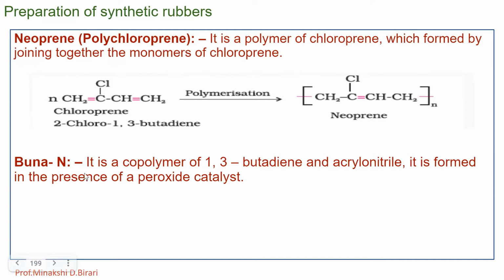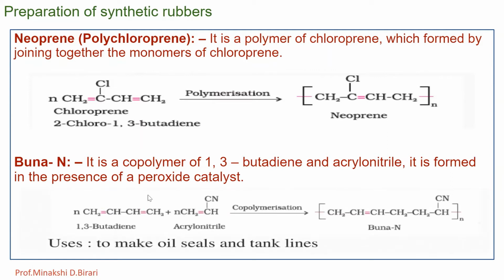Then Buna N is a copolymer of 1,3-butadiene and acrylonitrile. It is formed in the presence of a peroxide catalyst. So this is the reaction by which Buna N will be formed.